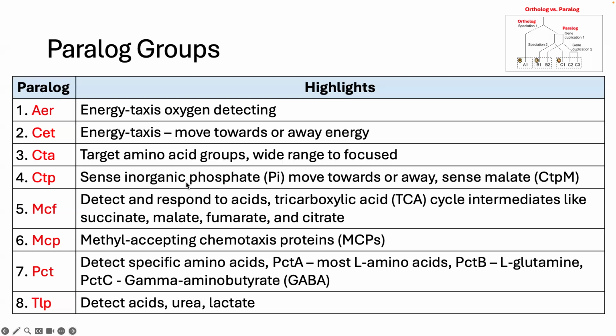Ctp senses inorganic phosphate and moves toward or away from it. And there's another one in that paralog group that senses malate. There is the Mcf, which detects the response to acids, TCA cycle intermediates like the ones shown here. Mcp are methyl-accepting chemotaxis proteins.